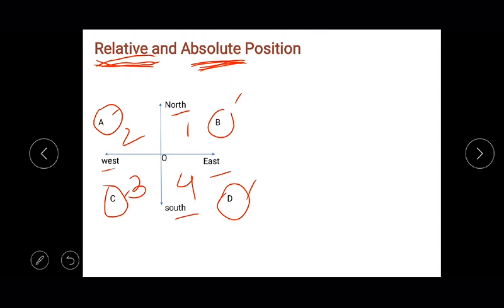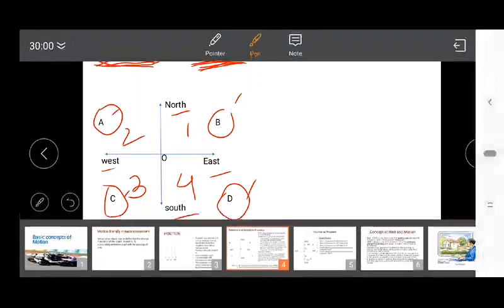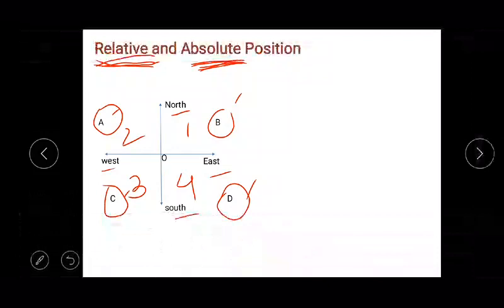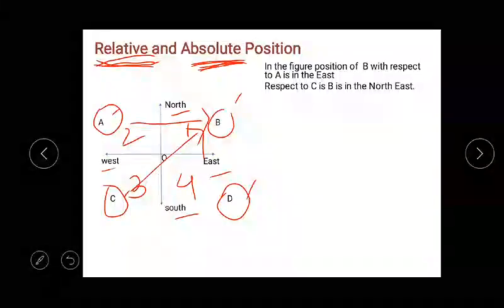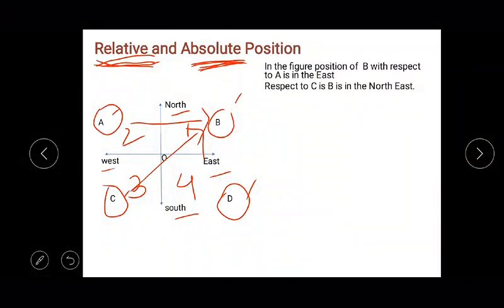Okay, so let's say we are to find out the position of B with respect to A. Then we will find that the position of B with respect to A is to the east, while the position of B with respect to C is to the northeast.